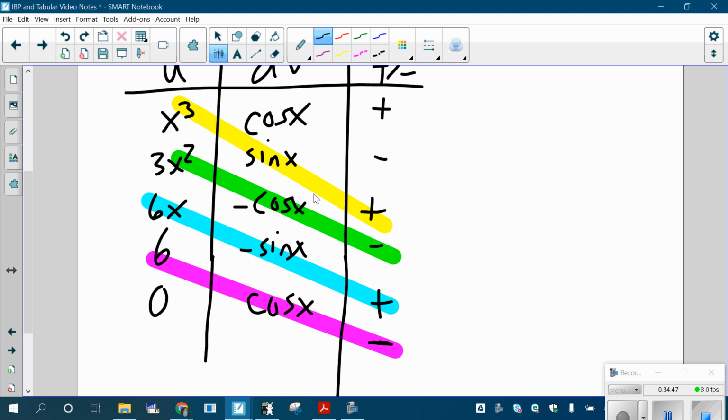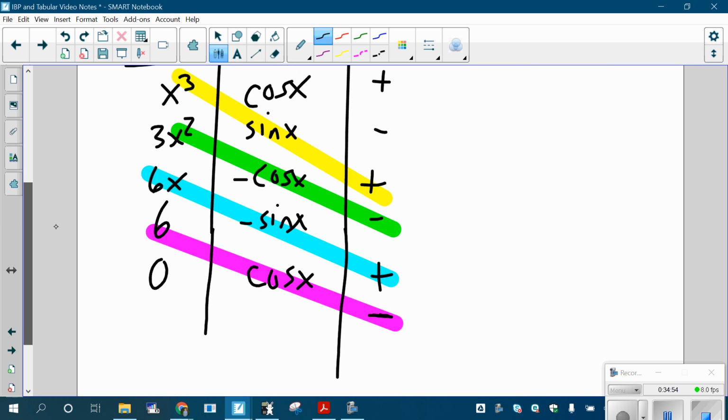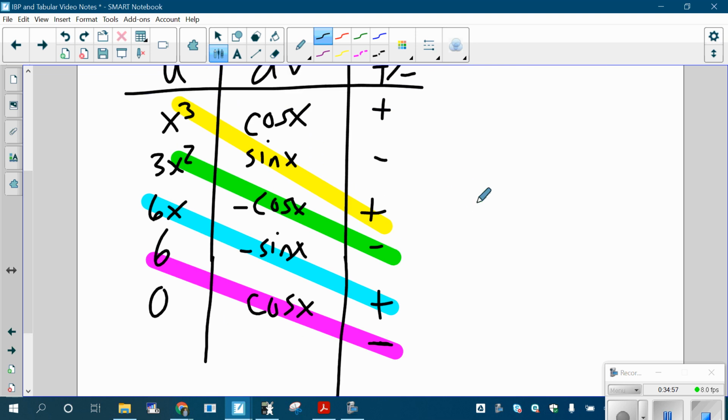Watch. My antiderivative of x cubed times cosine of x. The antiderivative of that is x cubed sine of x, which is positive. 3x squared times negative cosine, but with another negative sign, so it ends up being positive, plus 3x squared cosine x. 6x times negative sine x is negative 6x sine x.